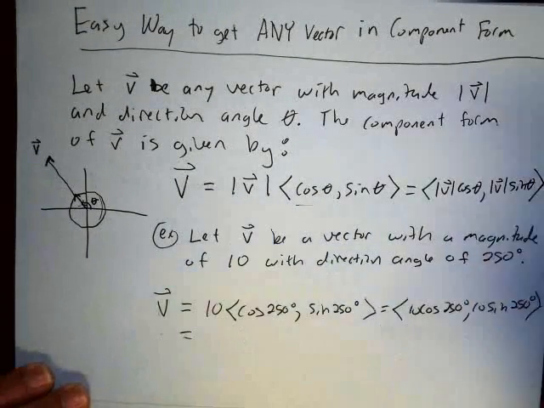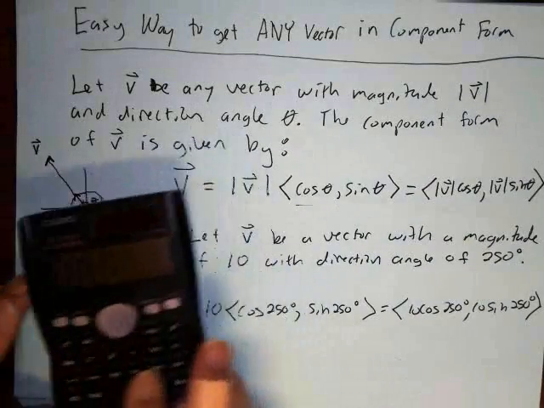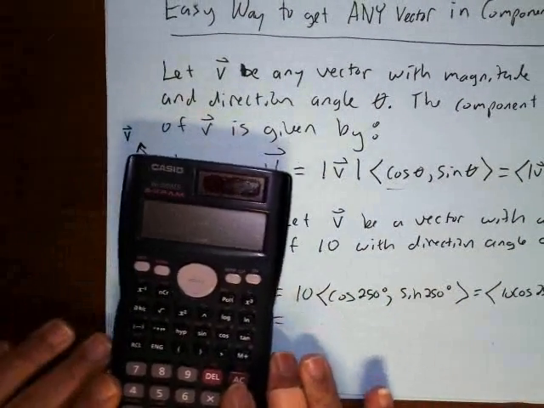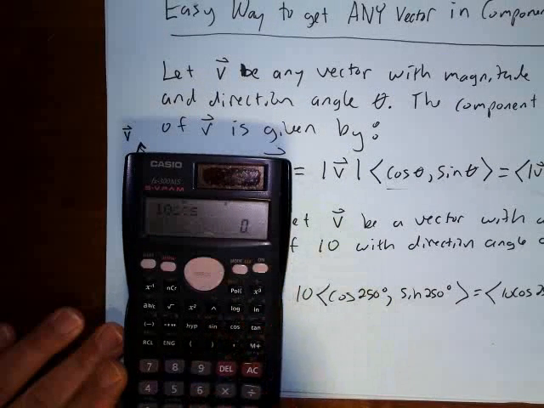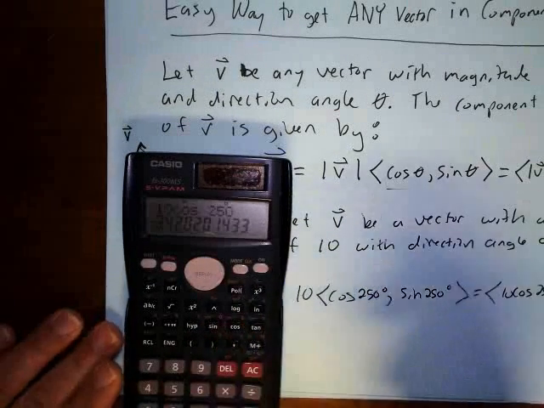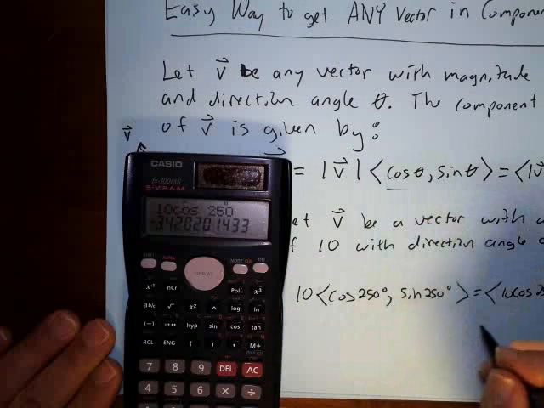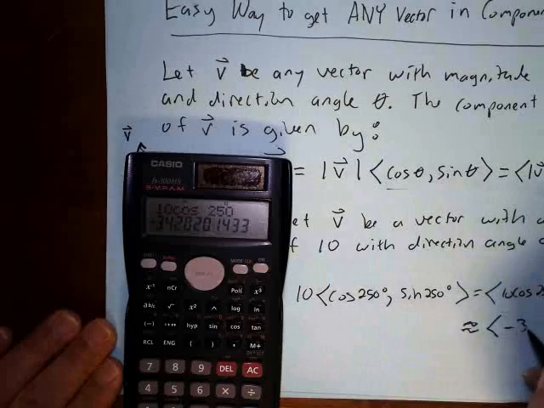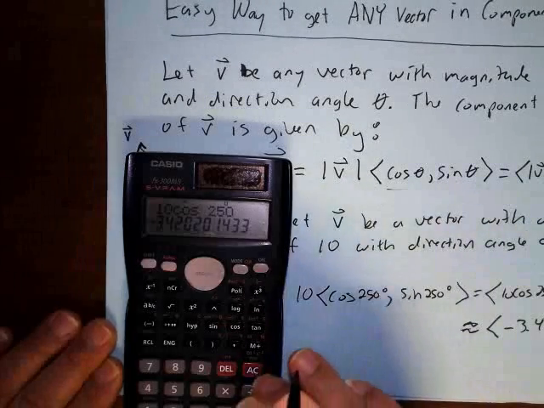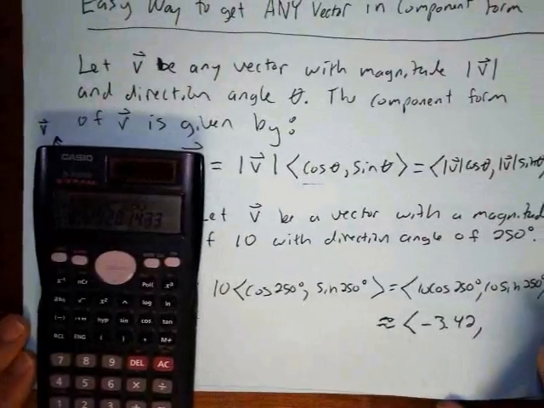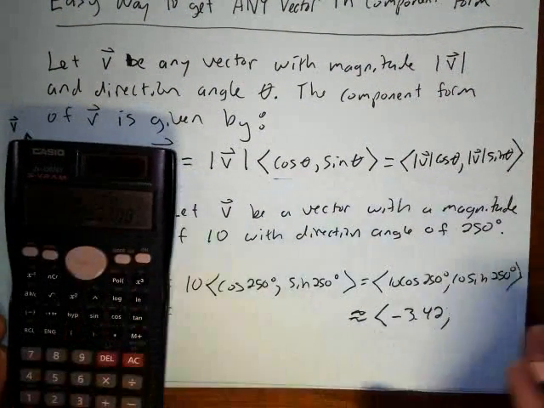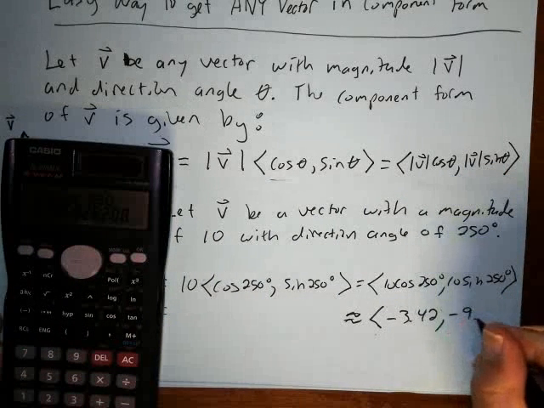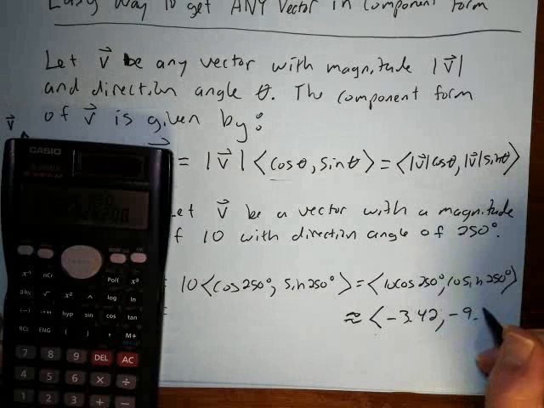If I want a decimal approximation, I can put this in my calculator. 10 times the cosine of 250 degrees is approximately negative 3.42, and 10 times the sine of 250 degrees is negative 9.40.